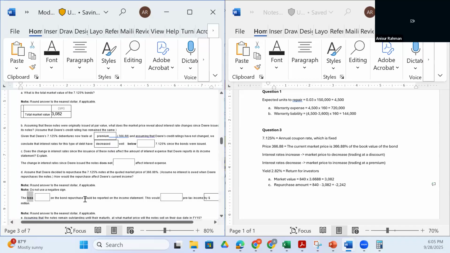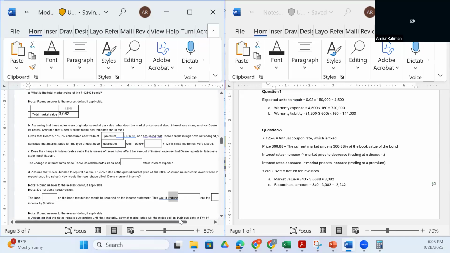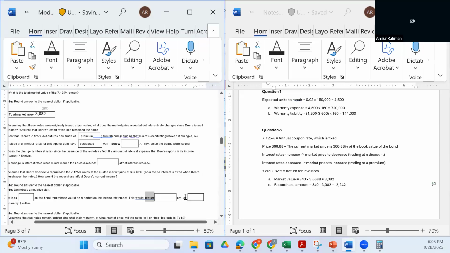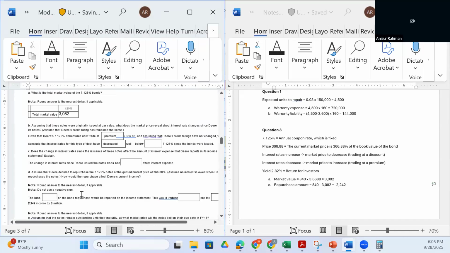The loss on the bond repurchase would be reported on the income statement. Because it is a loss, that will reduce pre-tax income by what we calculated, 2,242 million. Okay.